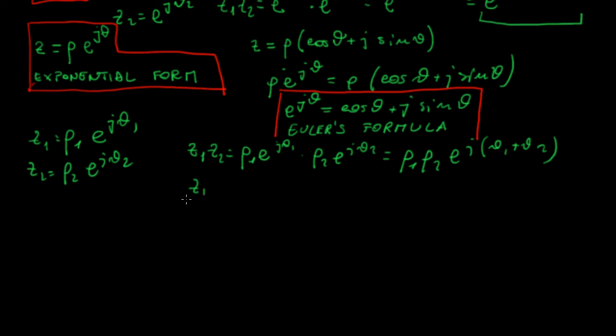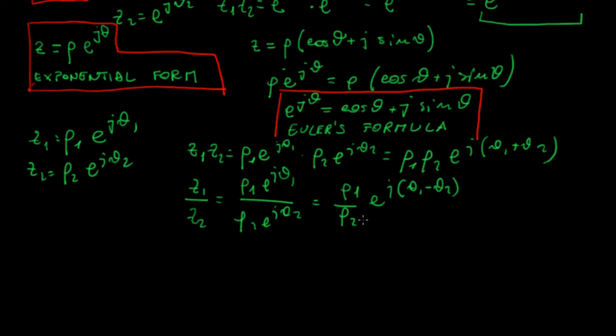While if we have to make the ratio of two complex numbers, z1 over z2, this is equal to rho 1 e j theta 1 over rho 2 e to the j theta 2, and this is as to say rho 1 over rho 2 e to j theta 1 minus theta 2, and again it's very simple. And also it is straightforward to make the power. Suppose that we want to find the nth power of a given number z given in exponential form rho e to the j theta.